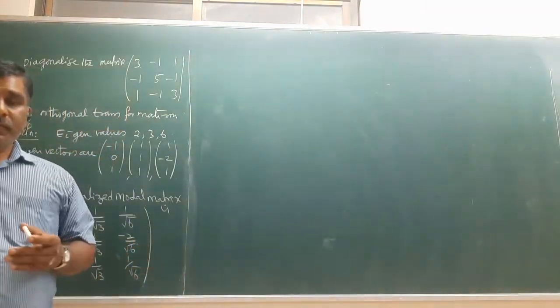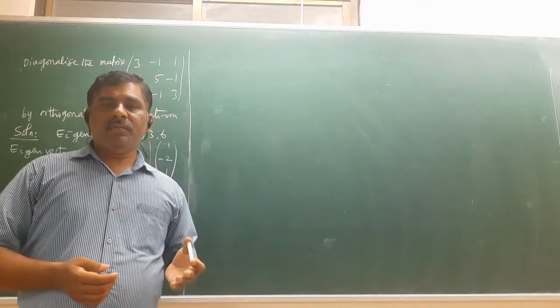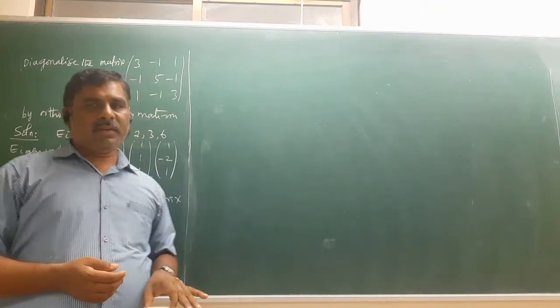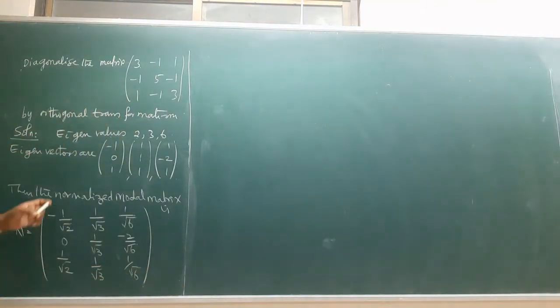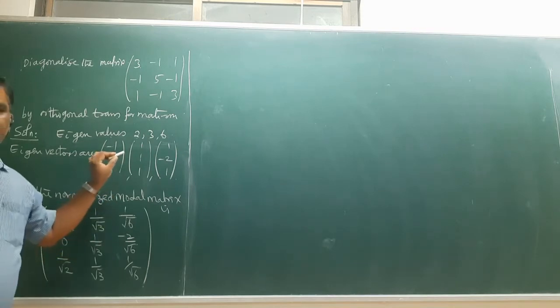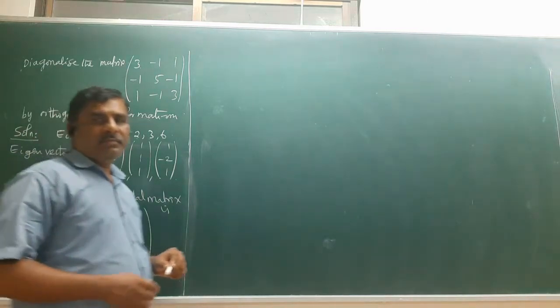First we have to find the normalized vectors, then use them to make the normalized modal matrix. What is the first one? Eigenvector minus 1, 0, 1. The normalized modal matrix is denoted by capital N.